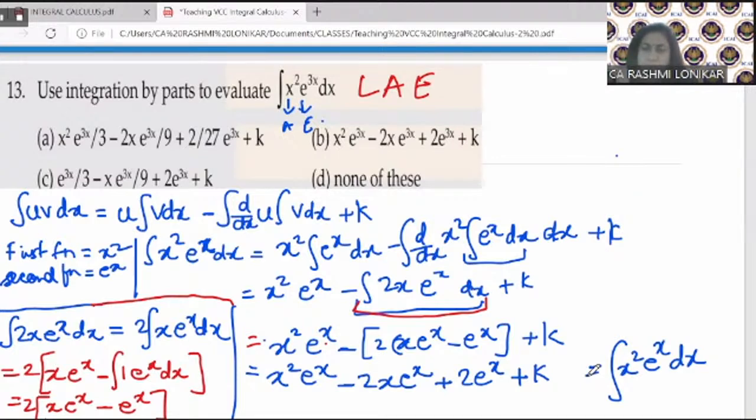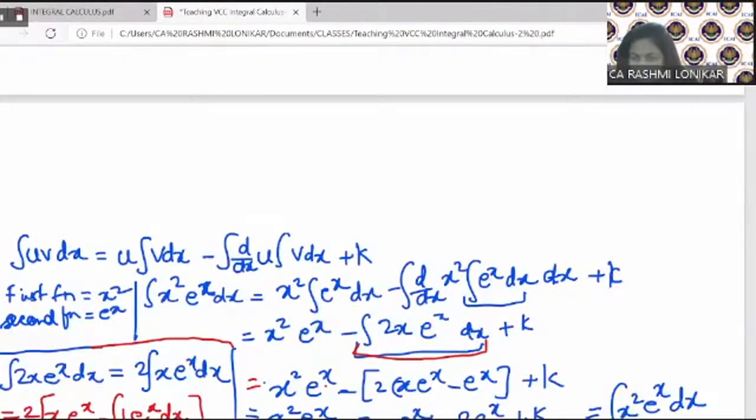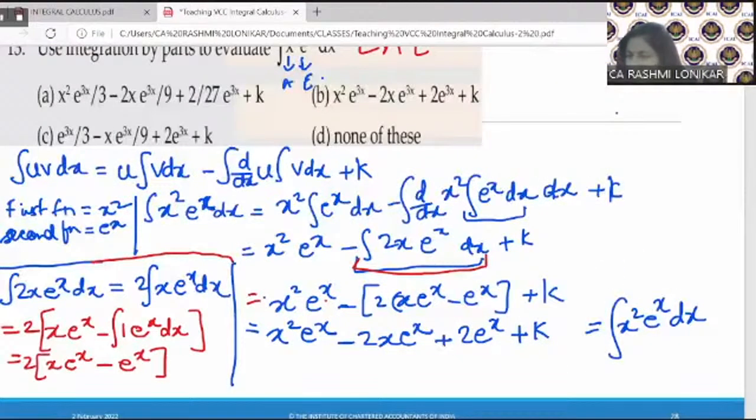Let me now take it for x square e raised to 3x. I will do it for that also.